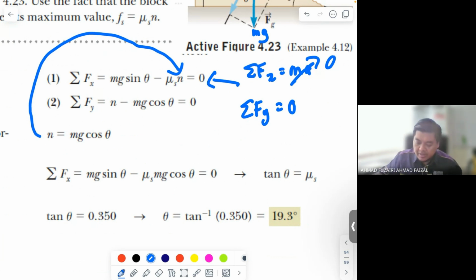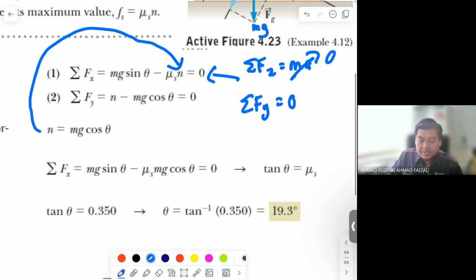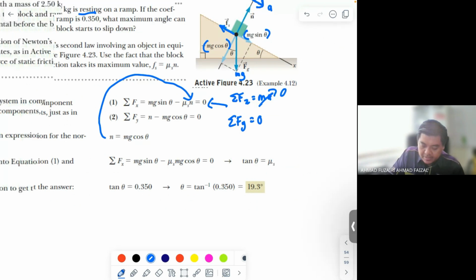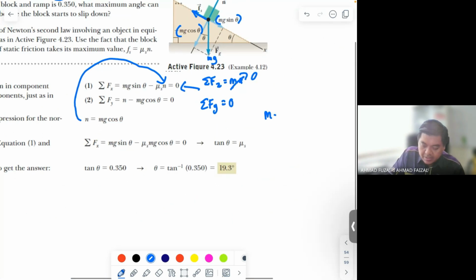How can they get tangent theta? That is due to sine theta divided by cos theta. I will show here: mg sine theta, you bring this part to the other side, becoming mu s mg cos theta.